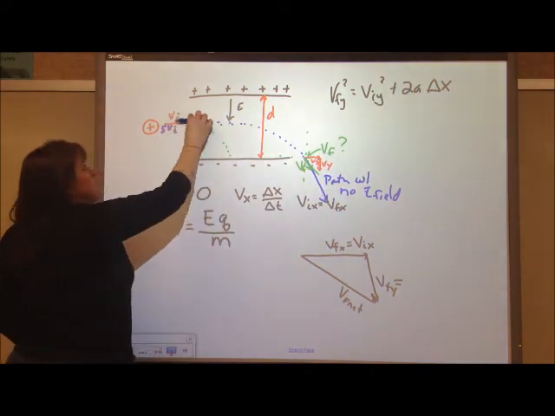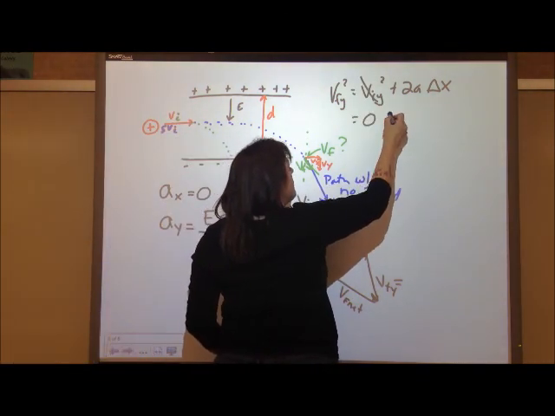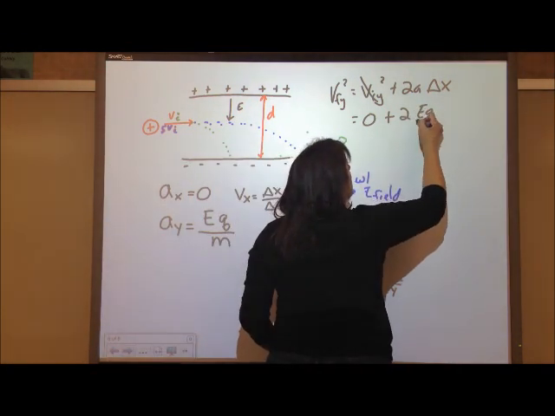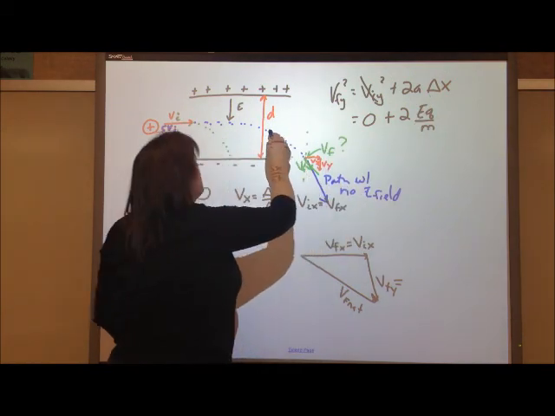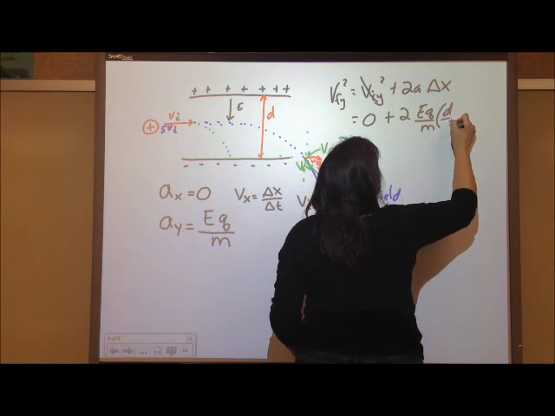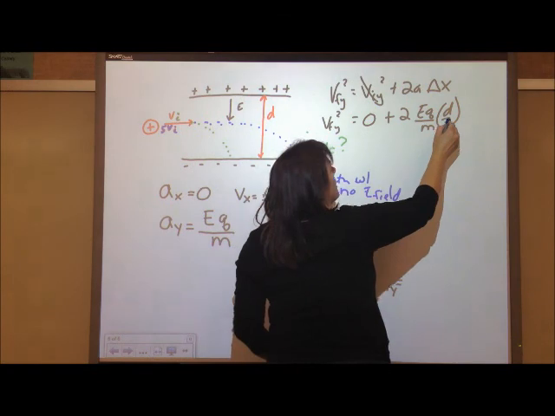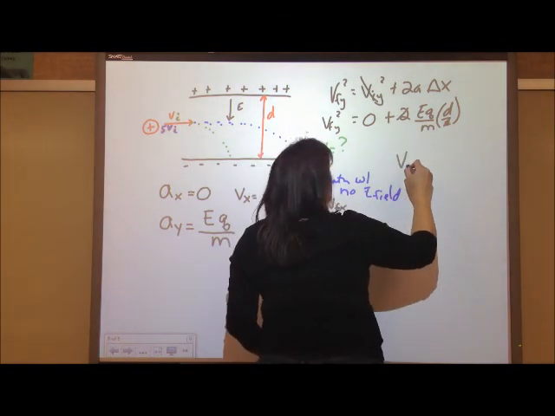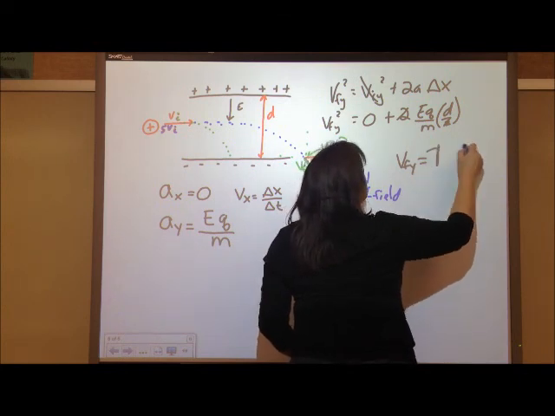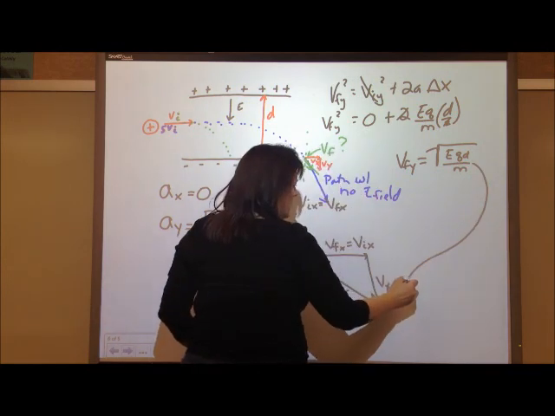If this comes in horizontally, the initial velocity in the y is 0. The acceleration is Eq over m. In this case, the x is actually d over 2. And of course, that's equal to V final y squared. My 2's are going to cancel. So my V final in the y direction is going to be the square root of Eqd over m. So I can plug that in here.